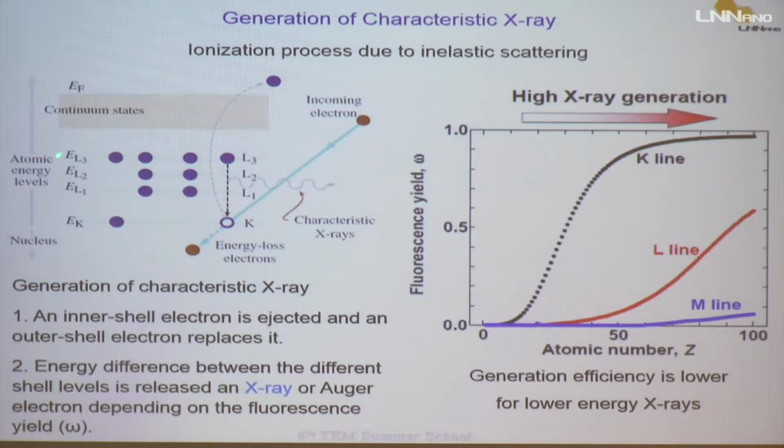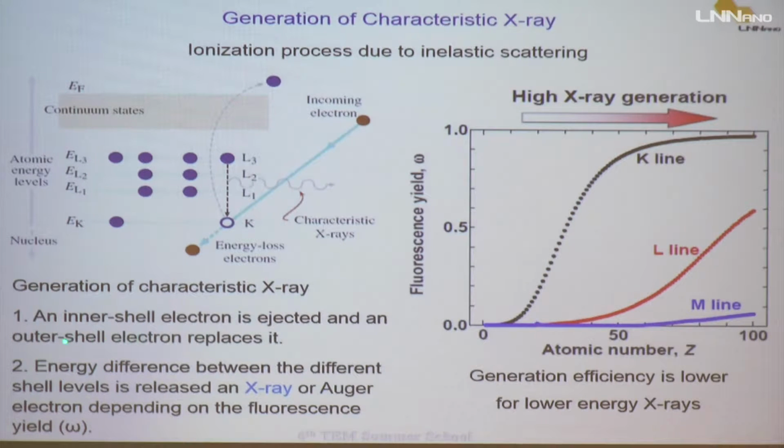Here you have the energy levels of your atom in the sample. Here you have the incoming electron from the electron beam. It's schematic for sure. This incoming electron will hit a K level electron and will ionize the material. Then the electron will go to the continuum states above the Fermi level, no problem. The electron now is ionized.